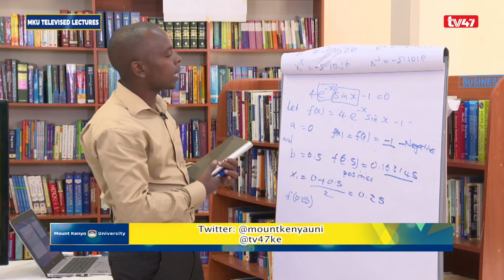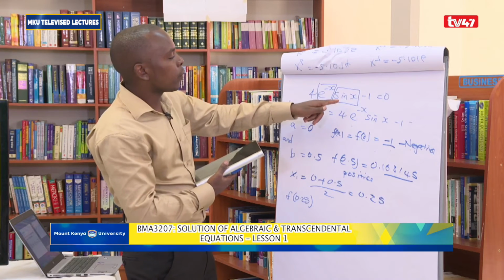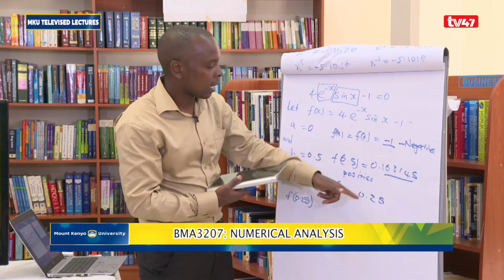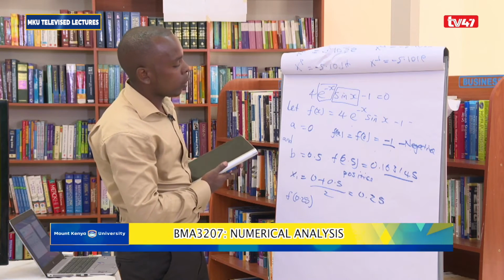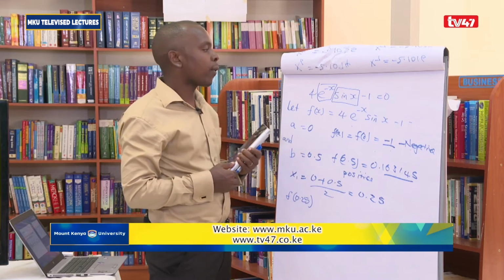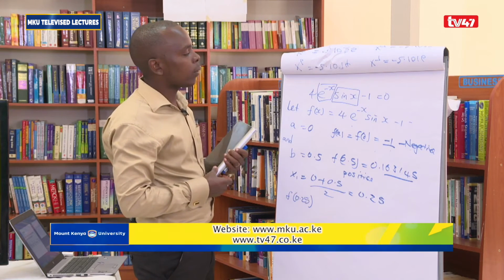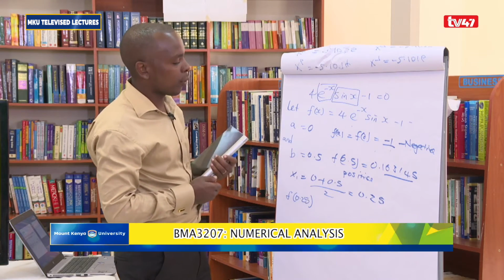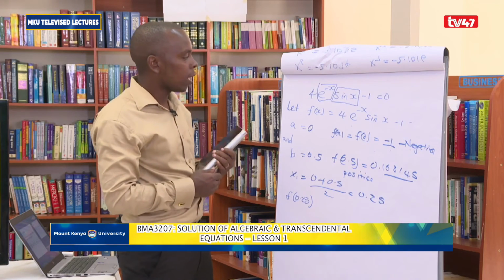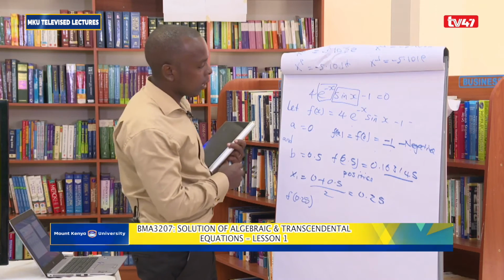You can confirm that if you find sine 0.25 degrees, the value that you get is different from what you get when you find sine 0.25 radians. So ensure that you're working with the correct mode if you're using a calculator.